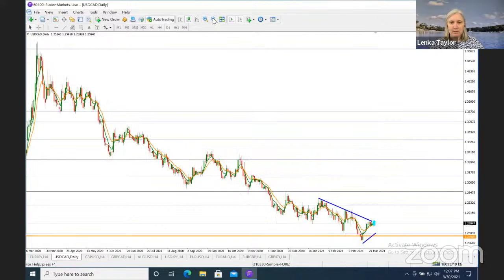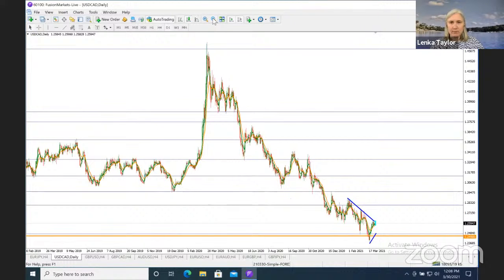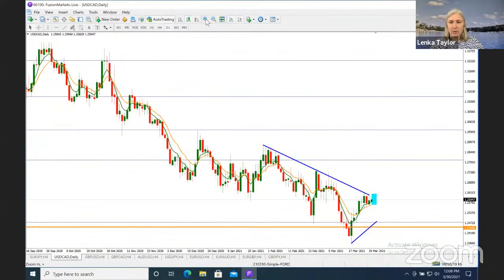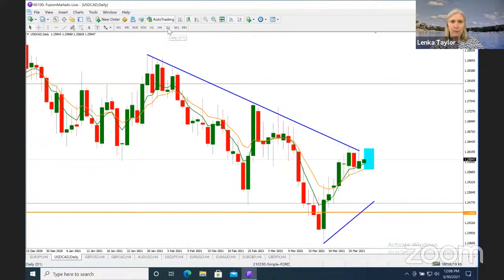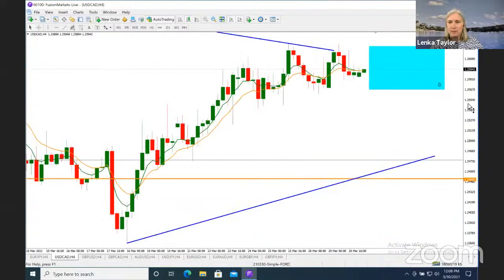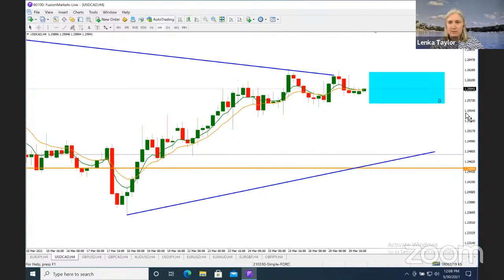There is that resistance level, so probably be careful depending on how much space is available, but at the moment there is still space, so still looking for a short at this point, but might only be to this area there if it's a good setup. So let's keep an eye on that.